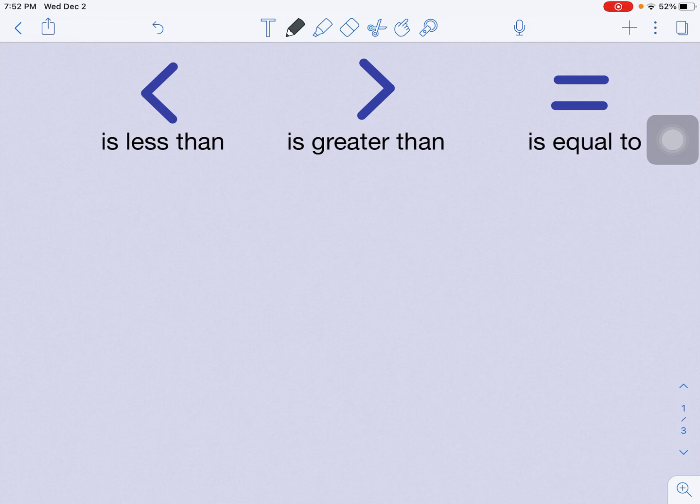As you can see on my board right now, I have already listed those signs for you to look at. This sign right here is what we would call the is less than sign. This sign right here, we would call the is greater than sign. And this sign right here, you should recognize as your equal sign or is equal to sign.